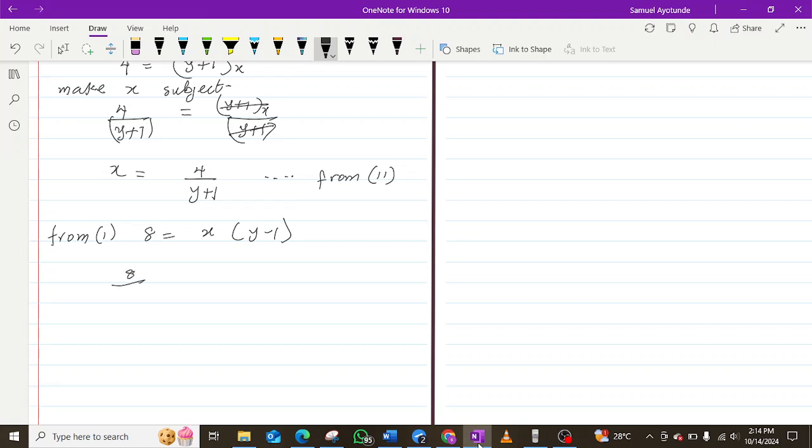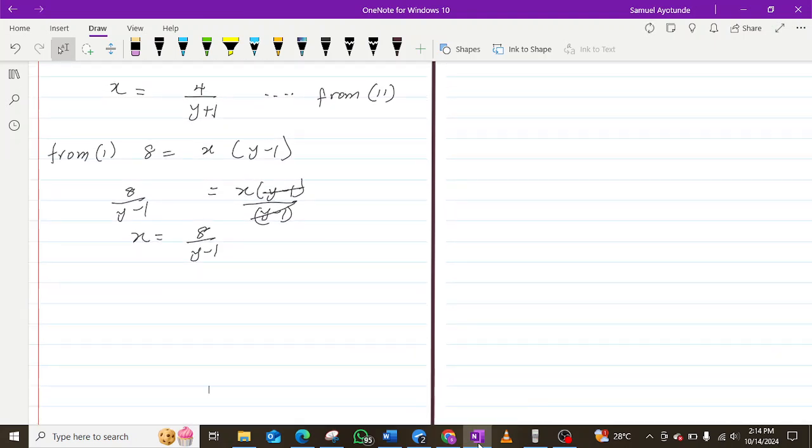So that's 8 over (y minus 1) is equal to x in bracket (y minus 1) over (y minus 1). So y minus 1 will take out y minus 1. So x is equal to 8 over y minus 1. So this is what I have from equation 1. So equation 2 is x is equal to 4 over y plus 1, and x is equal to 8 over y minus 1 is equation 1.